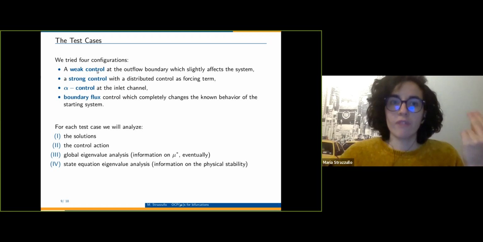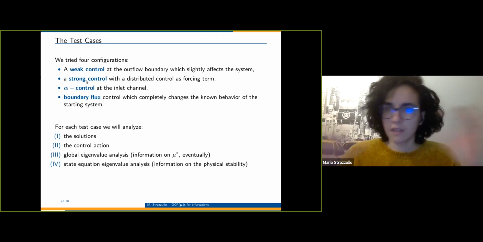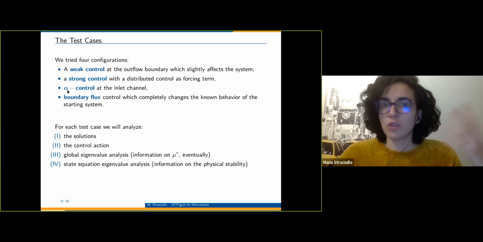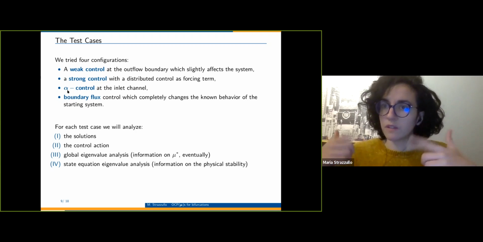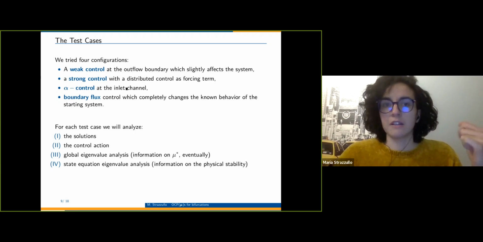So you can have a very weak control, okay, on the outflow boundary, for example, but a very strong control all over the domain that is able to straighten the flux quite easily. Or you can change alpha and you can have very different stability issues if you change alpha, and so on and so forth.